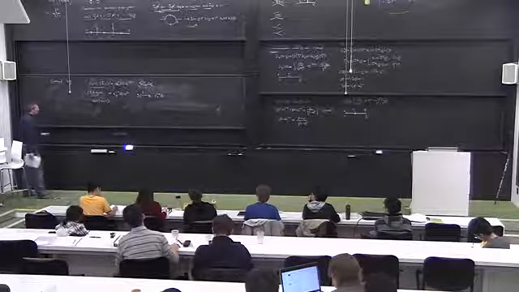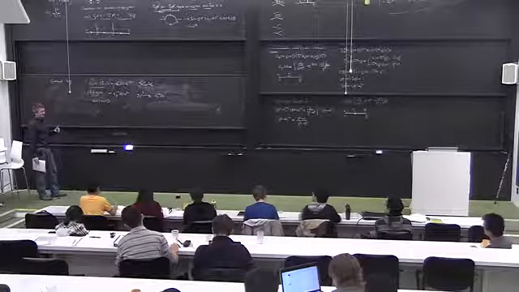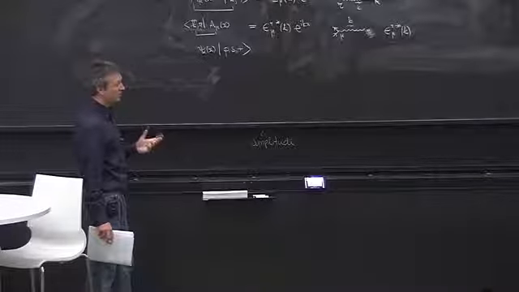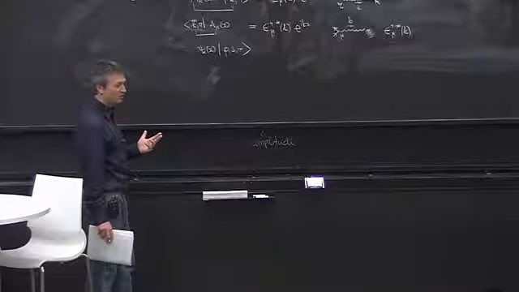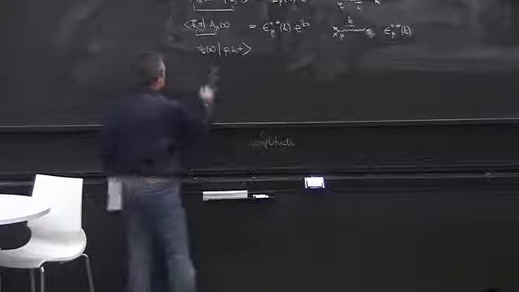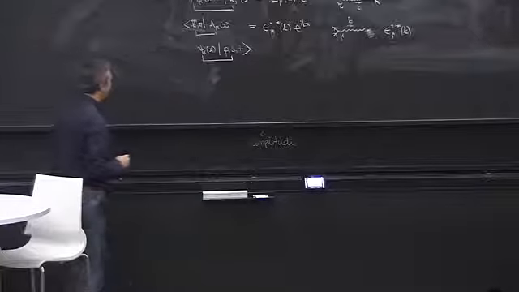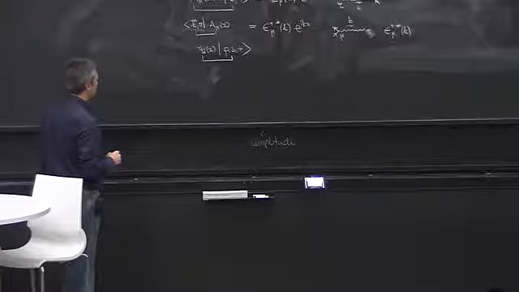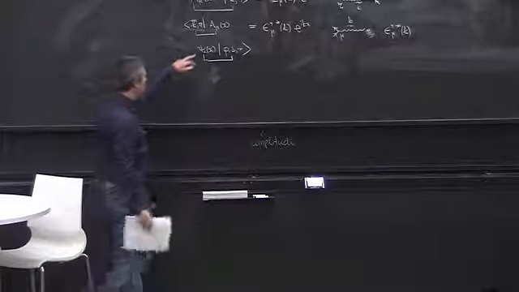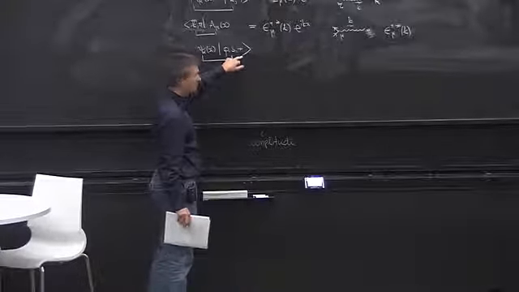Now, the field operator contains annihilation operators for electrons and creation operators for positrons. So when acting on the initial state, psi can annihilate only electrons.